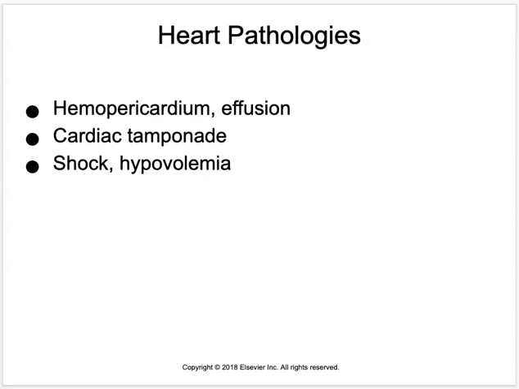Shock can be caused by hemorrhaging, so bleeding out. Shock can be caused by dehydration. And shock can also result in hypovolemia. That last term on this slide, hypovolemia, is the abnormally low circulating blood volume. So the volume of blood running through your veins is low.